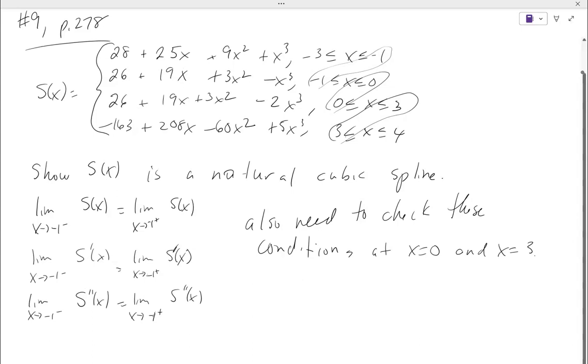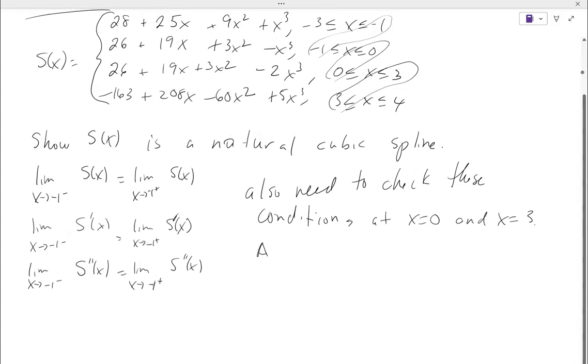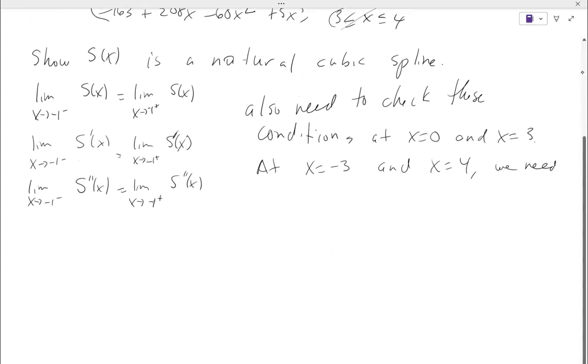Remember we did the natural cubic spline, I'm just trying to remember what I read. Natural cubic spline means the curvature is 0. I think they also call it curvature adjusted spline. At x equal to -3 and x equal to 4, technically I can't do the derivative at an endpoint, so I really need to talk about it as a limit.